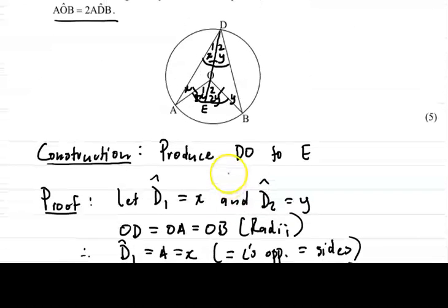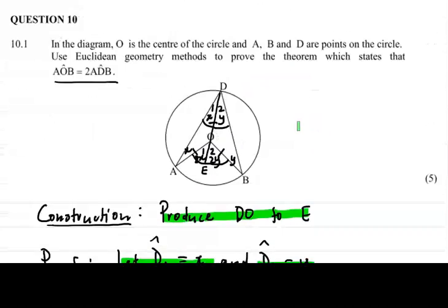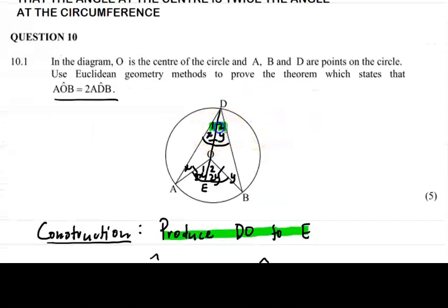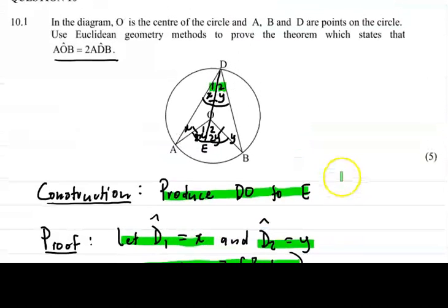So once again, the things to remember in this particular proof: number one, our construction, produce DO to E. Second, in our proof, let D1 equal X and D2 equal Y, which is the angle here at the top. Also remember that OA equals OB equals OD.